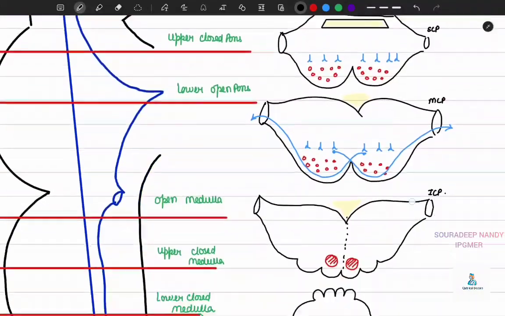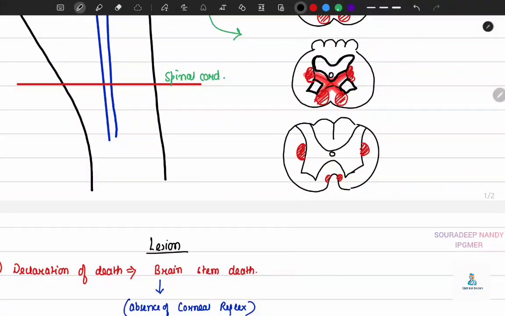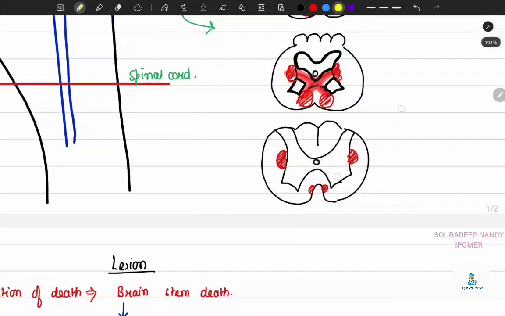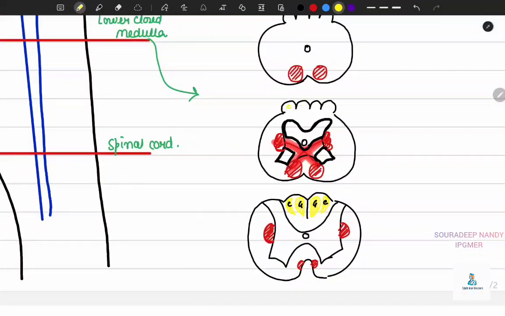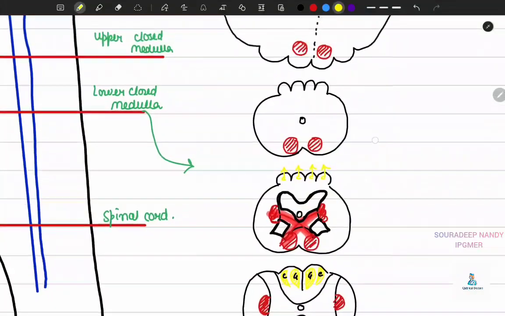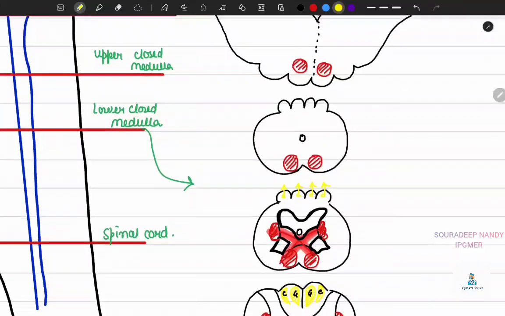Okay, now let us discuss the dorsal column and medial lemniscus pathway. Here is the funiculus gracilis and here is the funiculus cuneatus. Gracilis and cuneatus. It ascends up. At the level of the upper closed medulla, it relays on the gracilis and cuneatus nucleus present in the upper closed medulla.